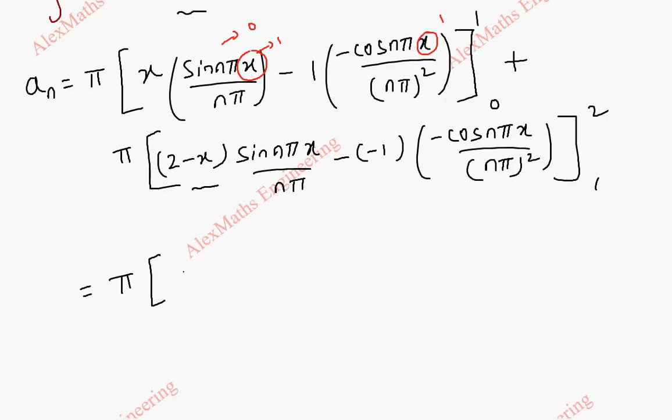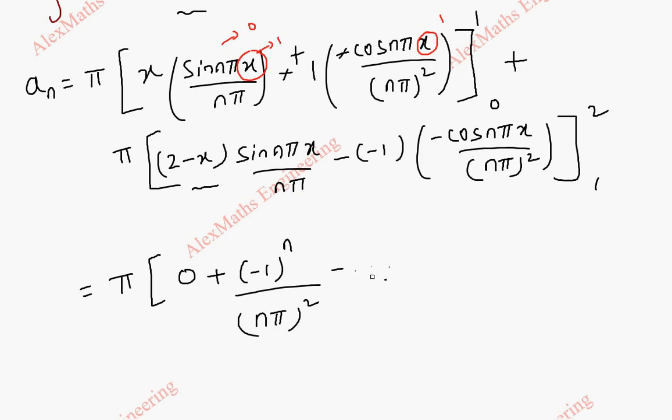When I put 1, first term is 0, second term we have minus, and already there is a minus sign, so it will become plus (minus 1) whole power n by (n pi) whole square. And when I put the lower limit, first term is 0 because x is there, and here this we can make it as plus, and no need to close this bracket.